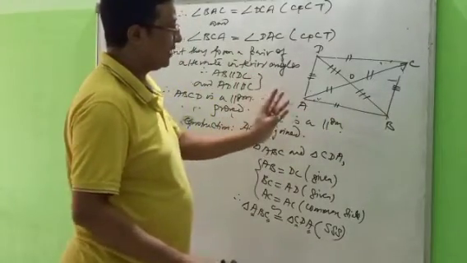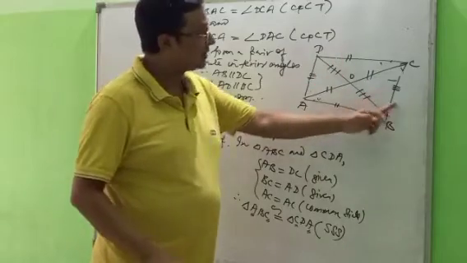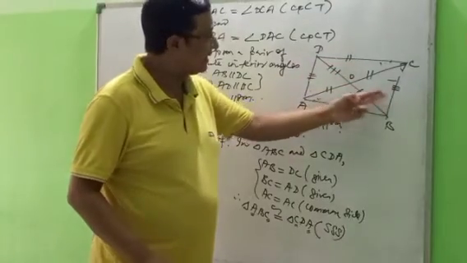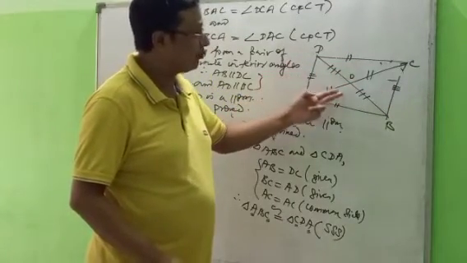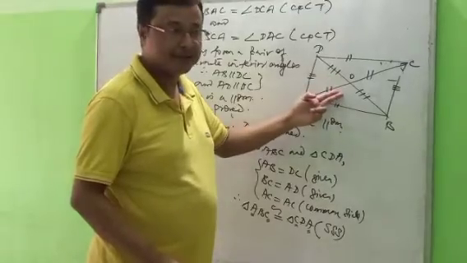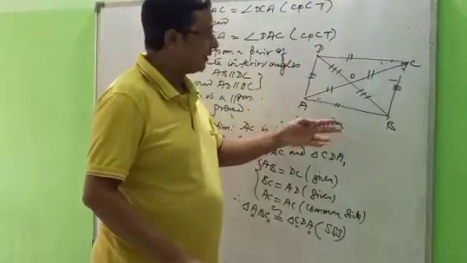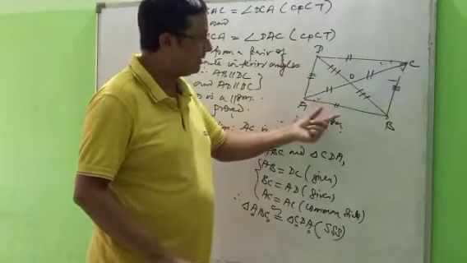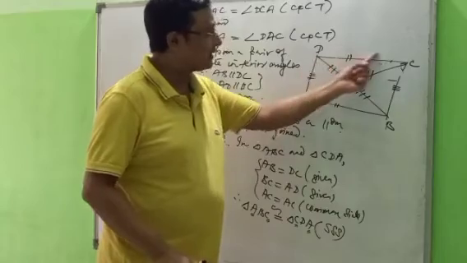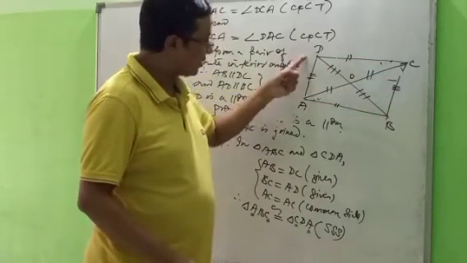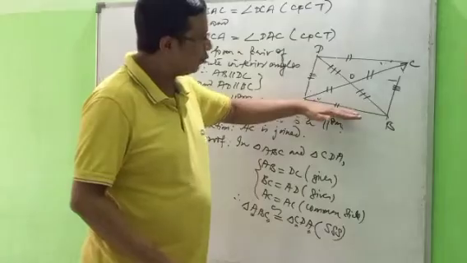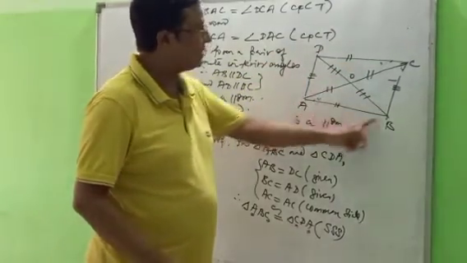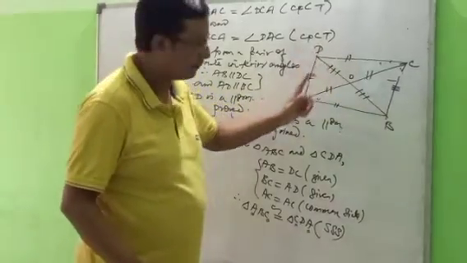The first condition is if both the pairs of opposite sides are parallel, that means AB is parallel to DC and BC is parallel to AD. In that case, the quadrilateral will be called a parallelogram. Other three ways: second way, if both the pairs of opposite sides are equal, that means AB equals DC and BC equals AD. So the two pairs of opposite sides are equal. In that case also ABCD will be called a parallelogram.